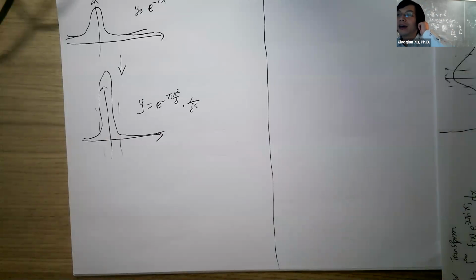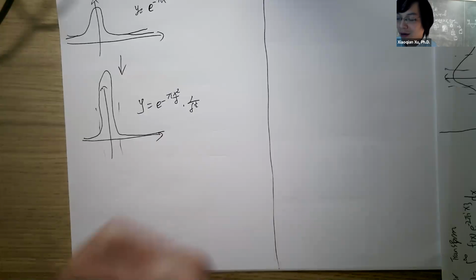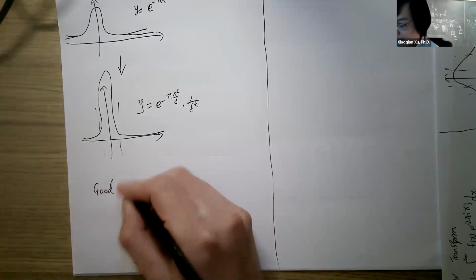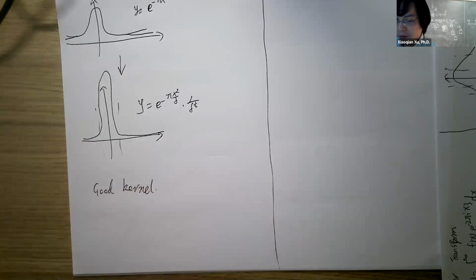Okay? And I hope this can somehow remind you of something that we mentioned before, which is something we've learned when we try to learn the Fourier series, that is the so-called good kernel. Okay, you can see that this kind of function is also somehow, well, when delta tends to 0, it also somehow concentrates on this 0.